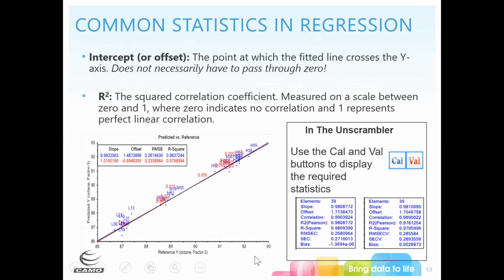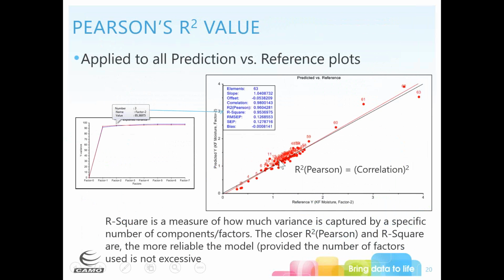Okay, so the general r squared here is your correlation coefficient. It's like, what is the correlation between your data and a perfect line? The r squared Pearson looks at the amount of variation in your data that you're actually capturing. So that's why if we can get them as close together as possible, that means it's more reliable, assuming that you're not using a ridiculous number of factors.